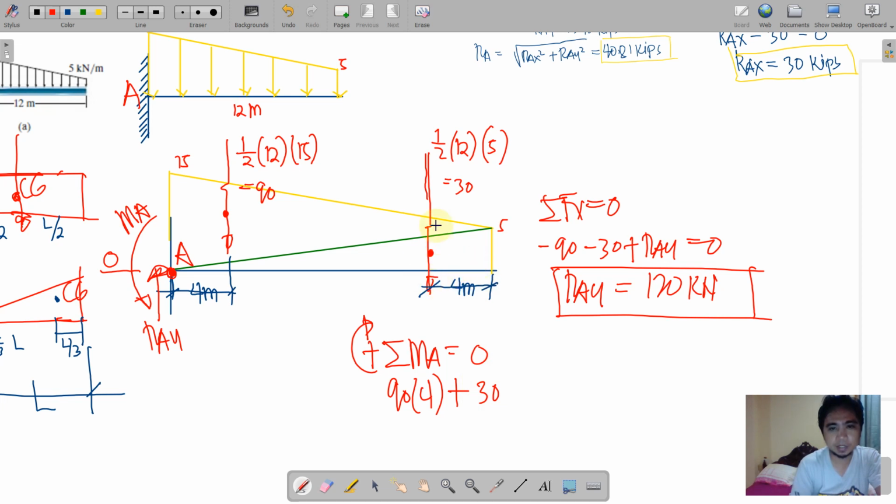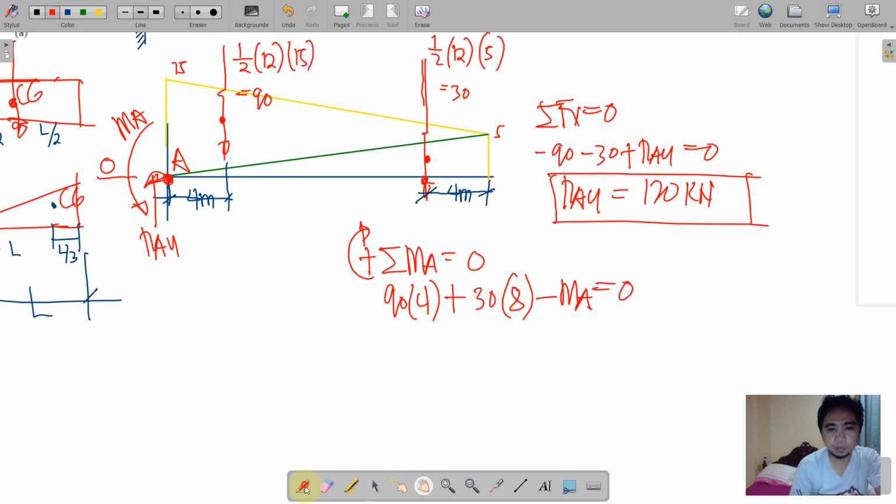And anong distance niya from A up to this point? Of course, 12 minus 4, that is 8, right? So that is 8. And then MA is assumed to be counterclockwise, so we indicate negative for that direction. Okay, so just the same, we will yield at a positive MA. So 90 times 4 plus 30 times 8. So we have here 600.